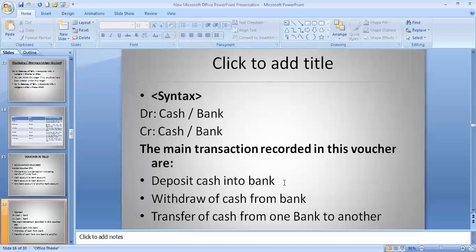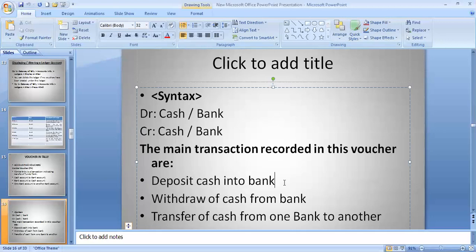Deposited cash into bank: who is the receiver here? Bank is the receiver; the cash is moving out. So bank account debited, cash account credited. In Tally ERP9, the ledger is processed with debit and credit transactions, but for the voucher entry transaction, the credit information appears first, then the debit.